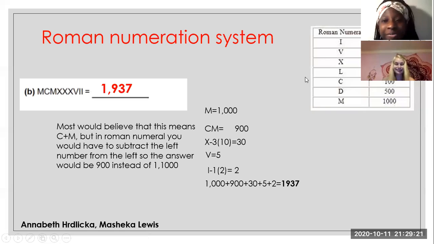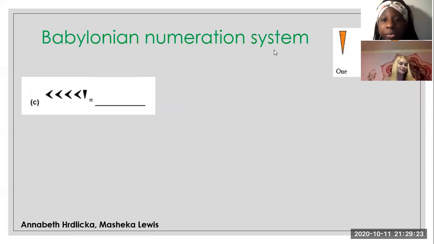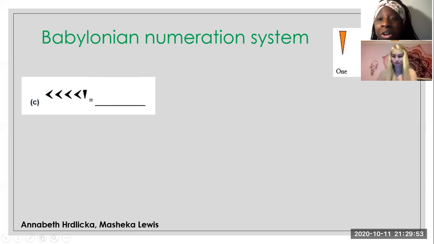Thank you. Okay, so for this next slide, I have a question for you. This is the Babylonian numeration system, and my question is, how many shapes or symbols does the whole Babylonian number system have? Well, after looking up the Babylonian number system, I only saw two shapes, which makes it the easiest number system to solve for.